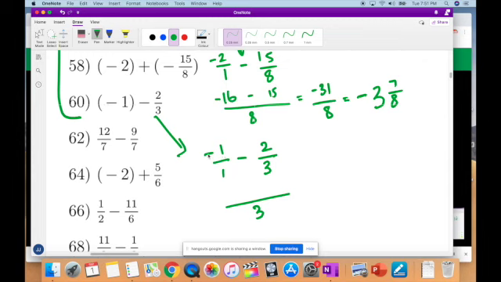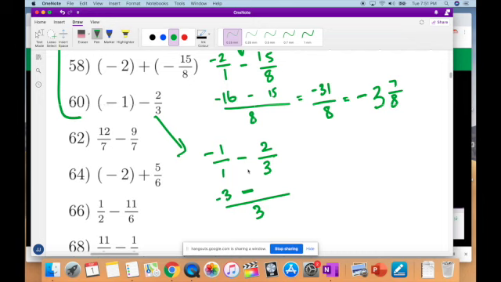This is -1 times 3 is -3, and I'm going to leave this negative here. Once I put this minus here, that means that I don't have to treat the 2 as negative, simply because whatever comes after is going to end up being negative because of the sign here.